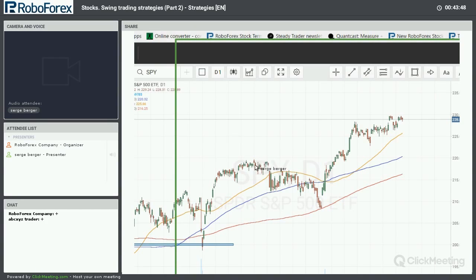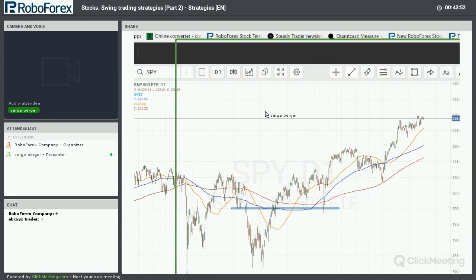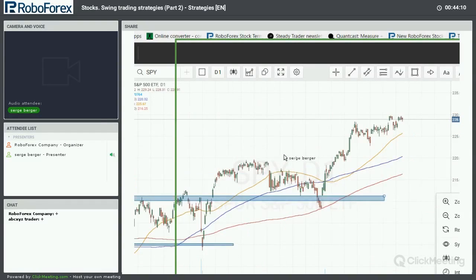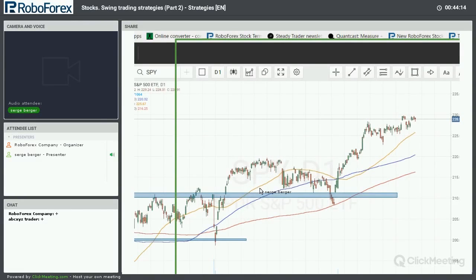That's number one. Number two, we could have also drawn this line here, because you can see that used to be resistance. Now it became support. Again, we broke below it for a little bit, but not much.